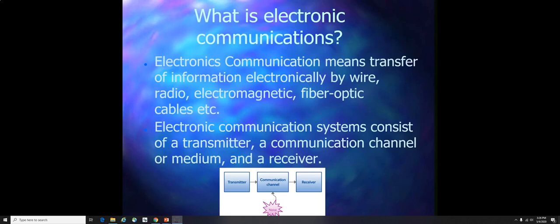Another example of electronic communication would be the telephone. Your voice may be sent using many different technologies. Analog transmission carries your conversation to the central office. From there, the signal is converted to digital, and then that digital signal is sent through maybe fiber optic cables.